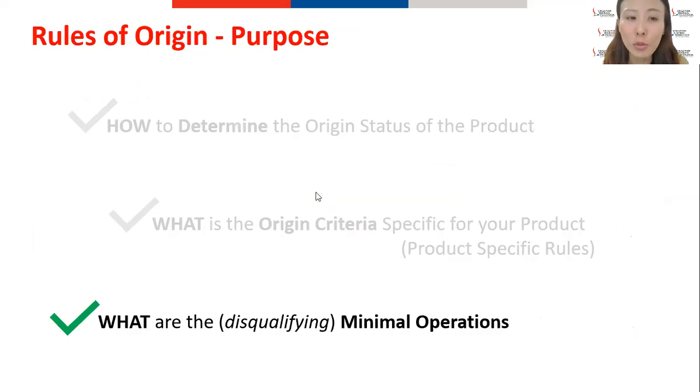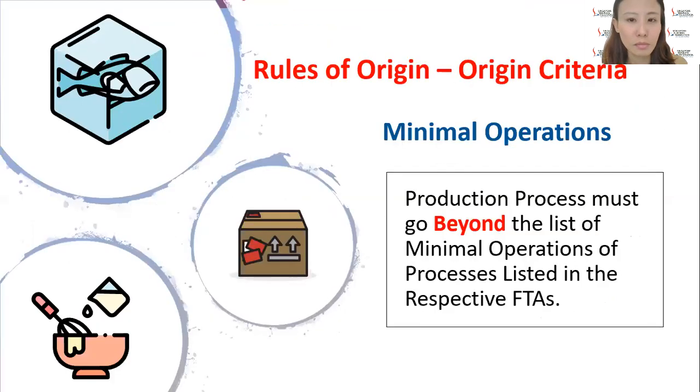Next, we move on to the minimal operations. This is actually a very crucial step in evaluating whether your manufacturing process or goods qualified for the FTA. When manufacturing your goods, your production process must go beyond the minimal process to qualify.